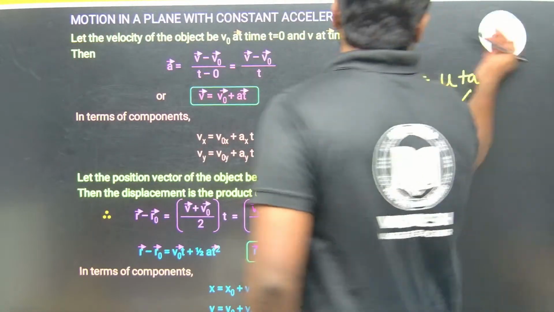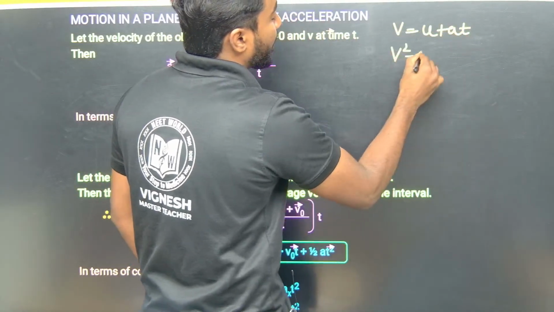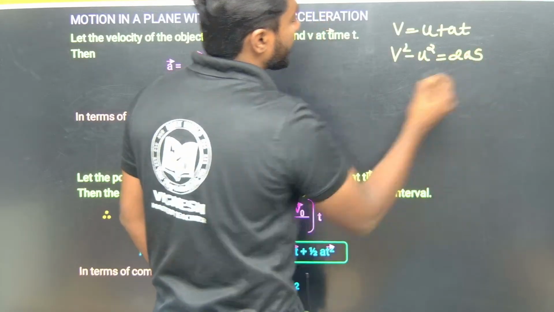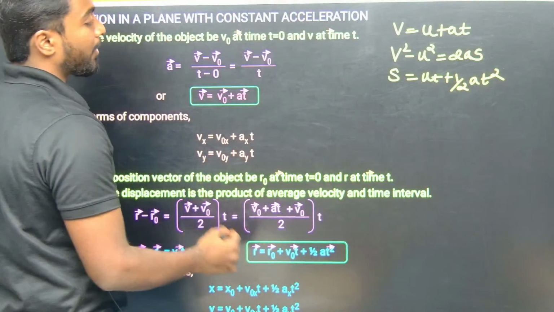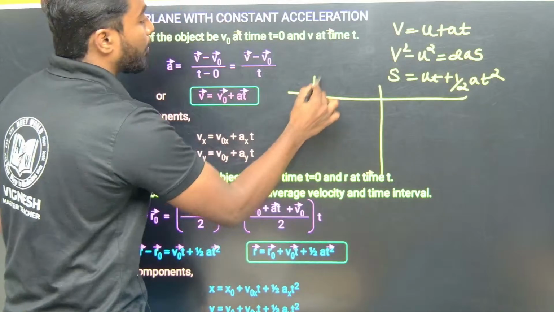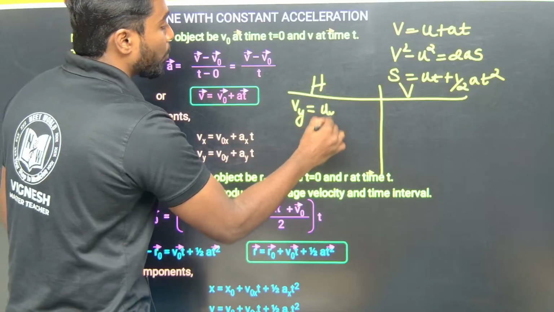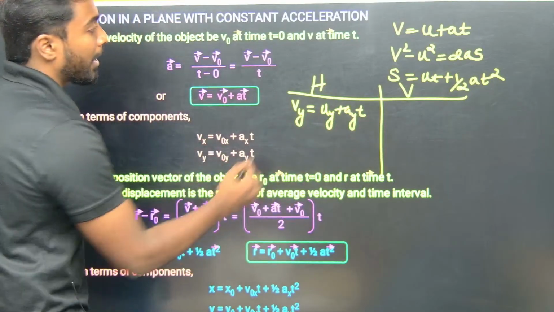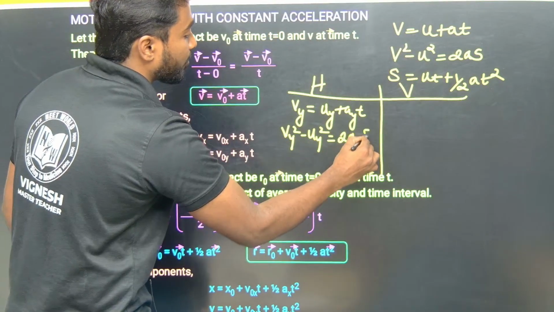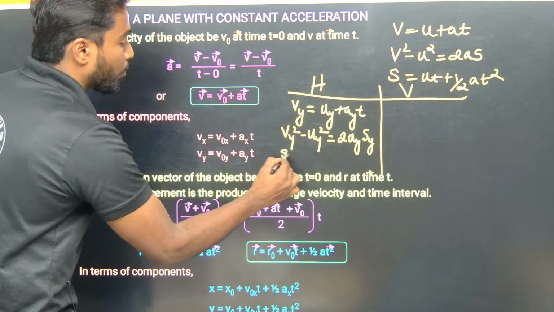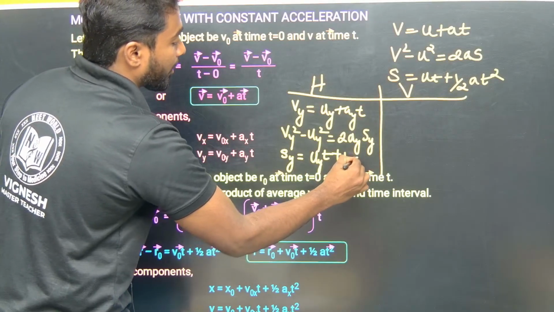So what are the equations we will write here? v is equal to u plus at, v square minus u square equals 2as, s is equal to ut plus half at square. Now if I take the horizontal component and vertical component, I should consider vy is equal to uy plus ayt, and vy square minus uy square should be equal to 2ay sy, and sy should be equal to uyt plus half ayt square.